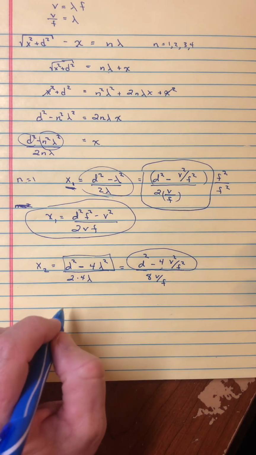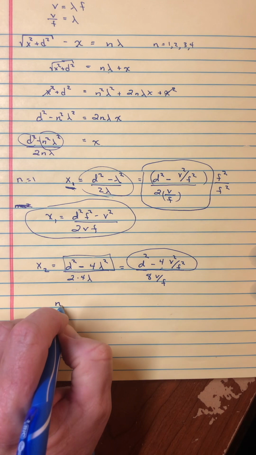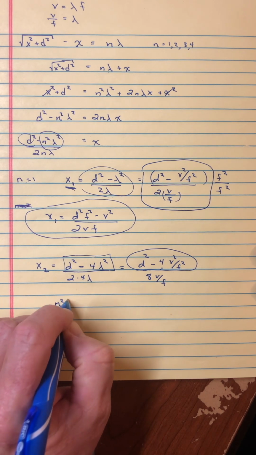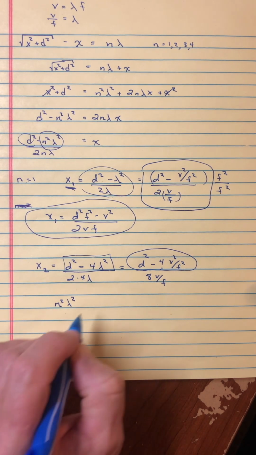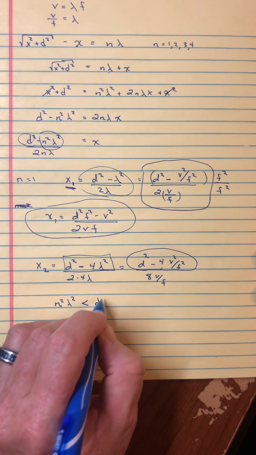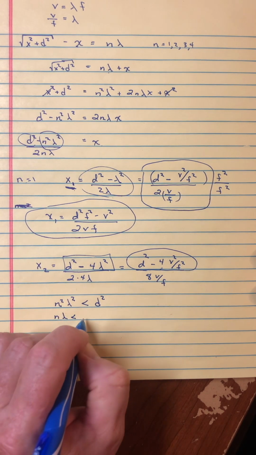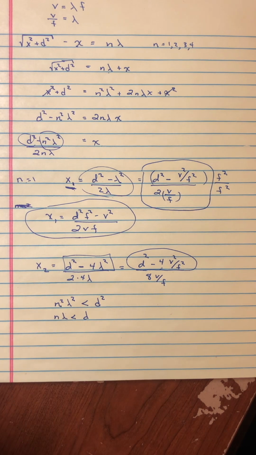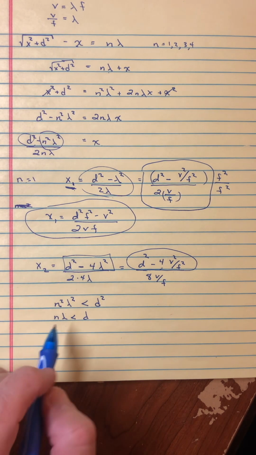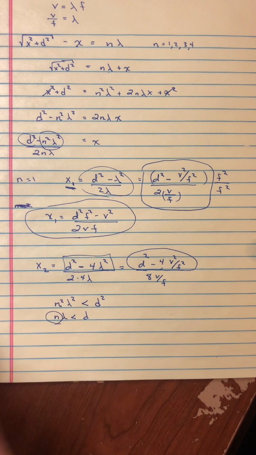So, in other words, so long as n squared lambda squared is less than d squared, or n lambda less than d, then we have a solution. But once we get into high enough n values, we don't have a solution.